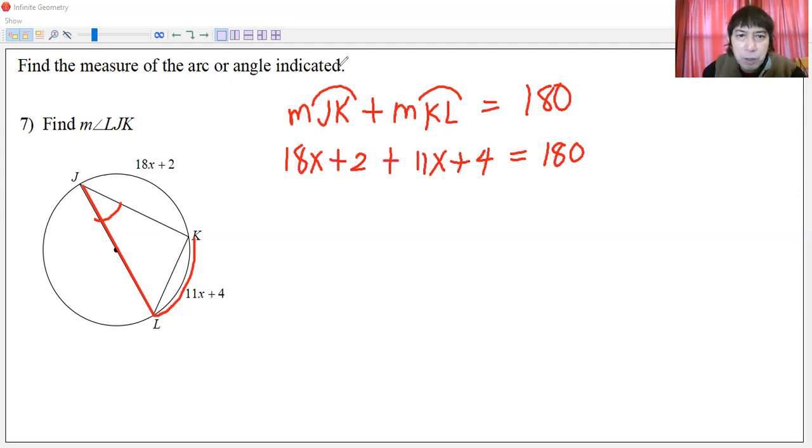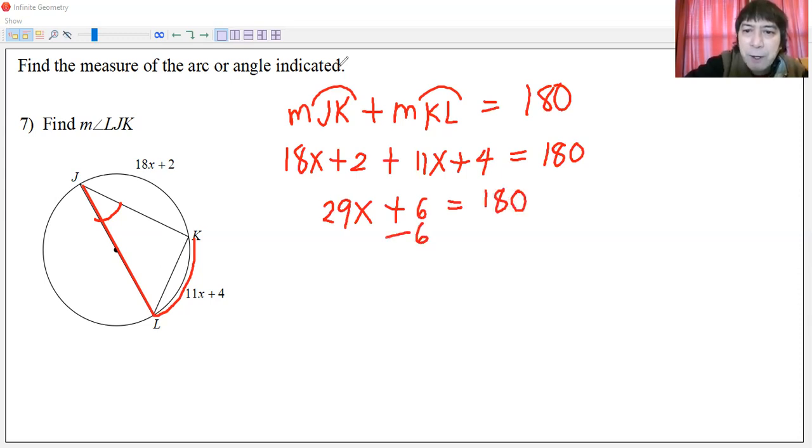This will now be 29x, combining like terms, 2 and 4 is 6, and this is equal to 180. Subtract the 6 from both sides, we get 174. And this equates to 29x. Division now: 29x is equal to 174. We divide both sides by 29.